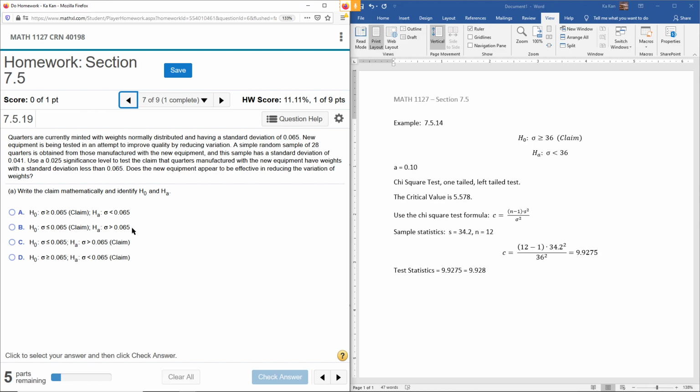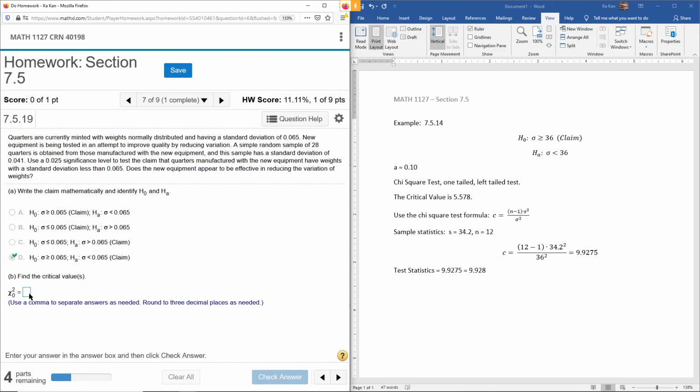Basically, the question is to test whether or not it will be less than that. So you should have a bigger than or equal to, then a less than, and that should be the claim, right? It should be D. But everything else is the same, like the critical values and all that.